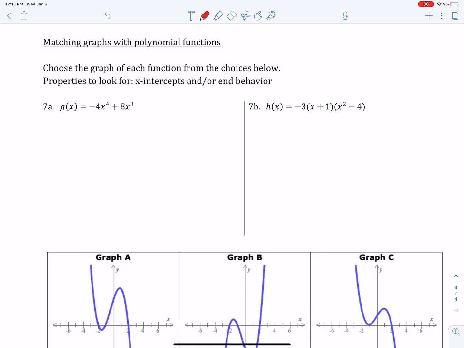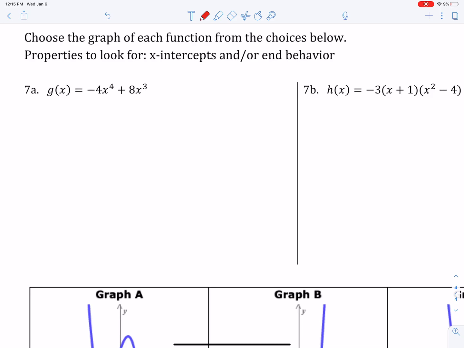end behavior. What I'm looking for here is my leading coefficient, the one with the greatest exponent here, negative 4x squared. This is a negative number, or should I say, to use our terminology effectively, a negative coefficient.